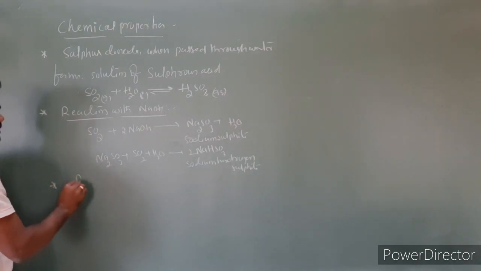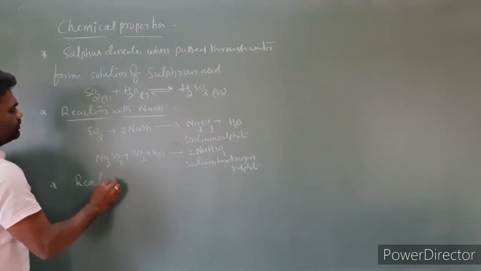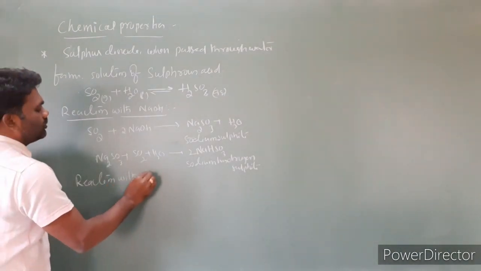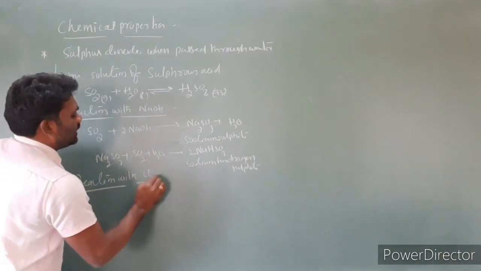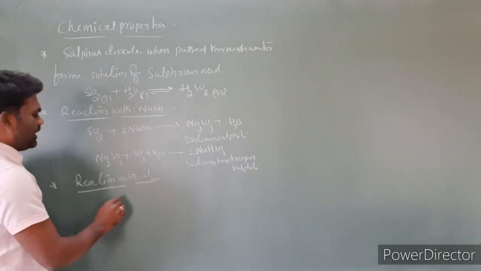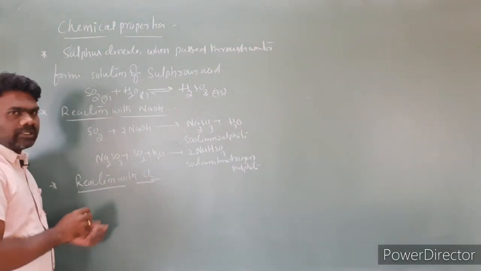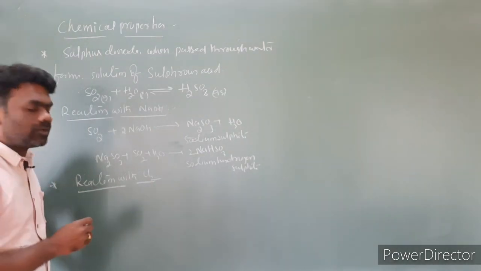Third one is the reaction with chlorine. Sulfur dioxide reacts with chlorine in presence of charcoal and produces sulfuryl chloride.